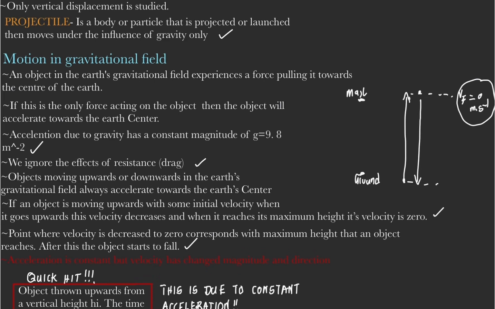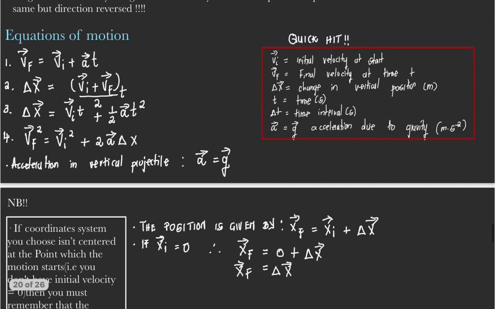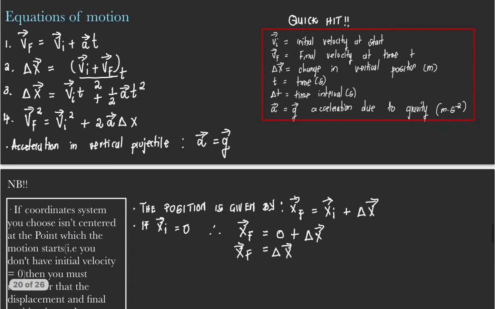So if it took 2 minutes to move from the ground to its maximum height, it will also take 2 minutes to move from its maximum height to the ground again. So those are the important points that you need to know about projectiles. Without any waste of time, let's continue and check the other important things that you need to know.